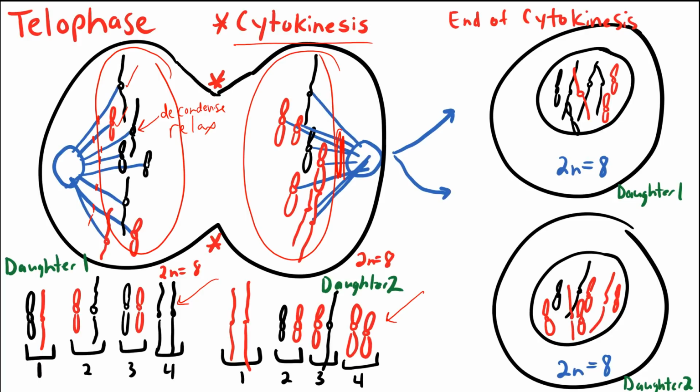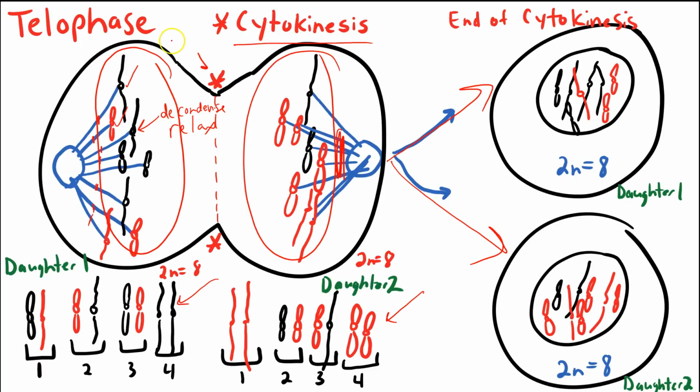As this is happening in telophase, cytokinesis is going to create a contractile ring here in the middle of this parent cell. It's going to squeeze the middle of that cell to physically separate the parent into two daughter cells. So we're going to get these two daughter cells after cytokinesis is complete, okay?